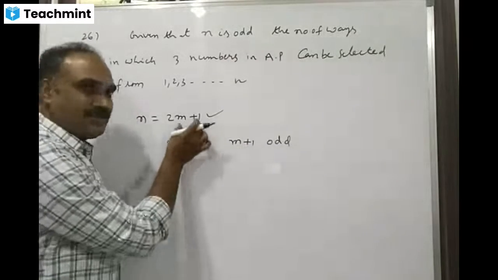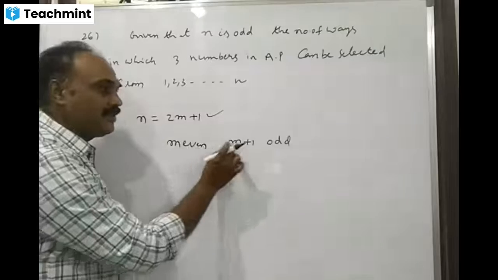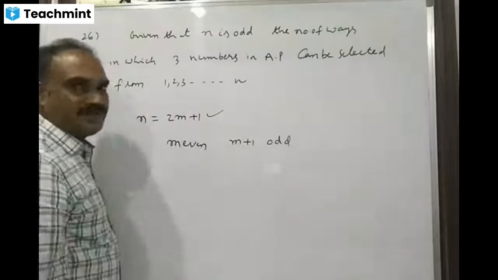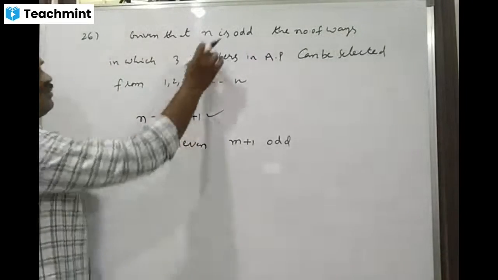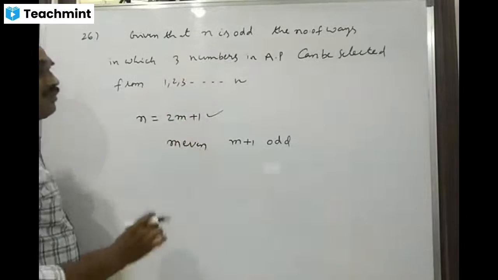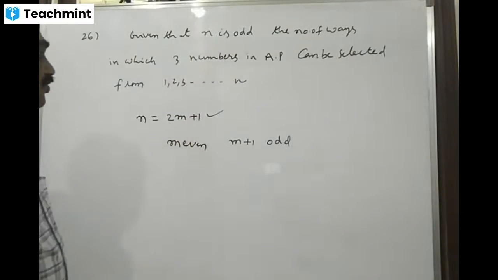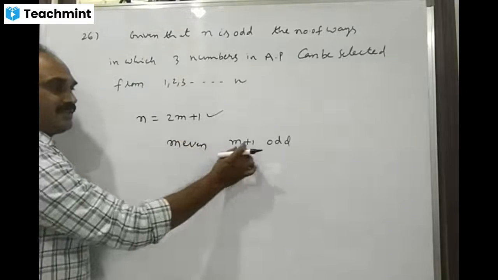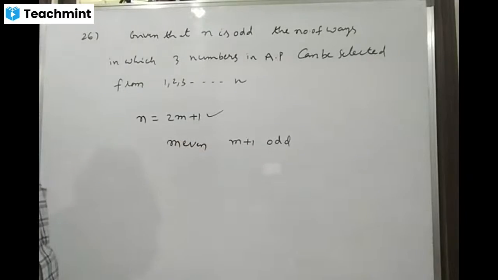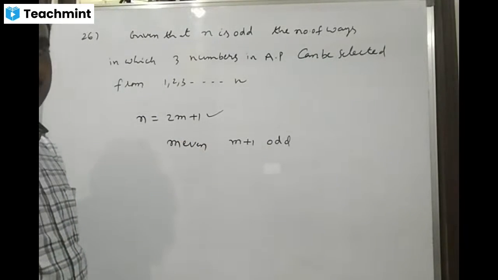Out of 2m plus 1 numbers, there are m even numbers and m plus 1 odd numbers. Okay, friends? Have you understood, friends?